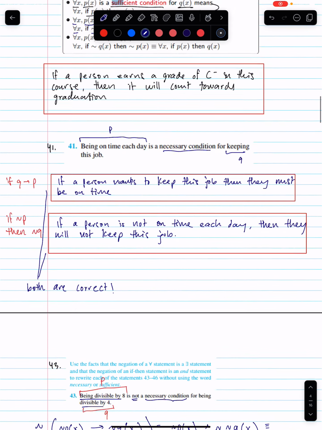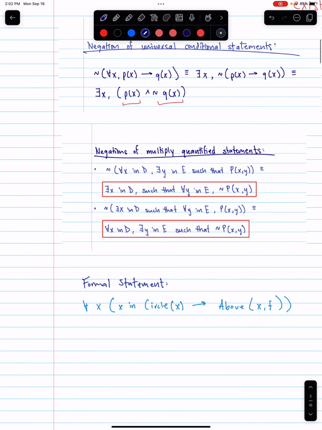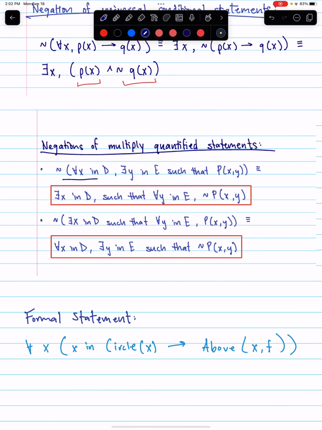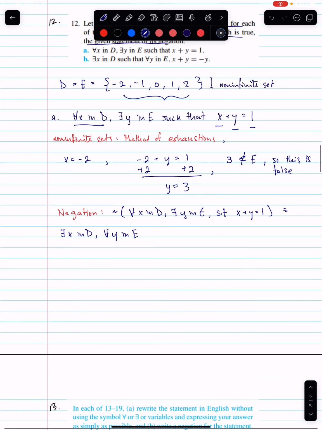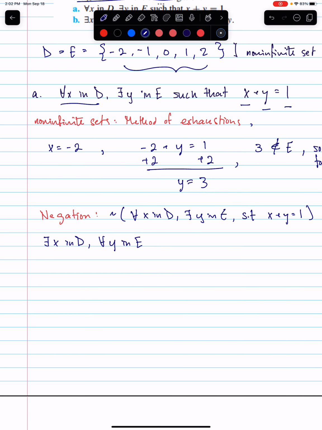I believe I had it up here. Yeah, multiply quantified statements, right? So if you negate something like this, the for every always becomes a there exists, and there exists becomes a for every, right? And then you negate the statement, such that x plus y does not equal 1, because remember we negate this. I'll be uploading this whole PDF onto Piazza so you can look at it on your own as well.